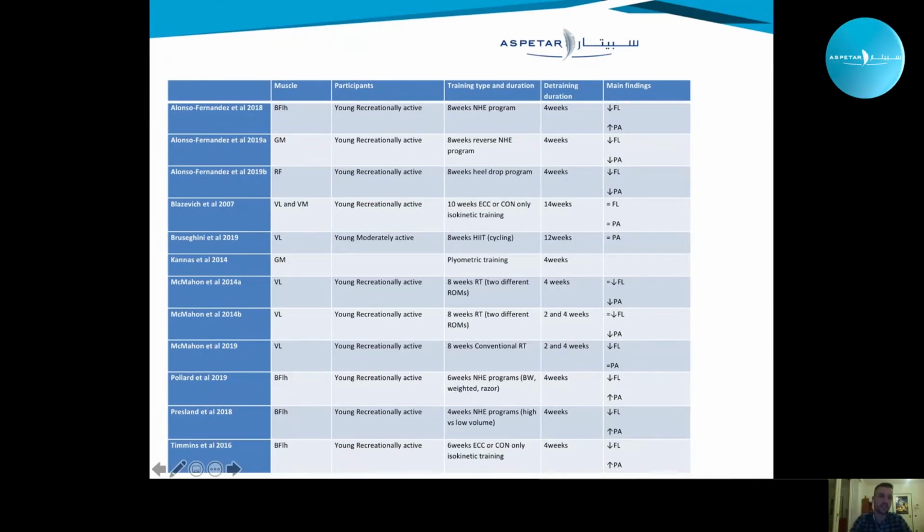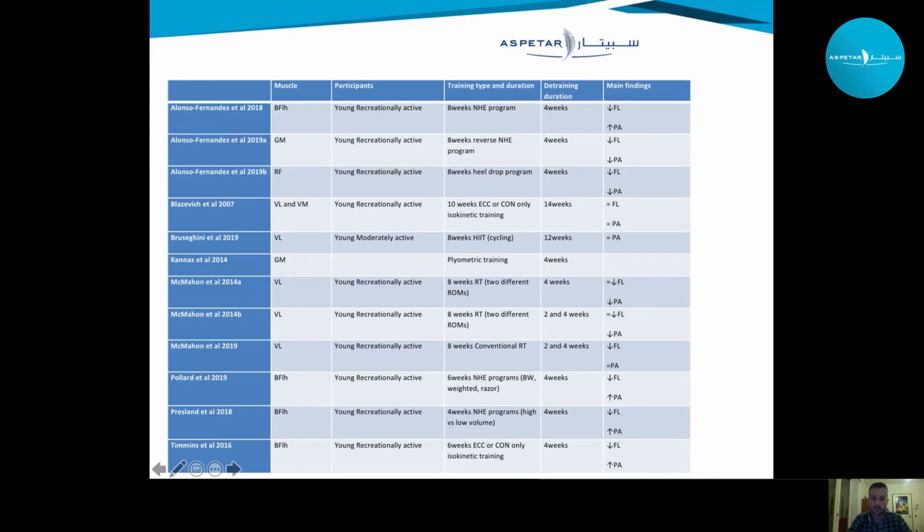This is just to let you understand that a lot of the literature that has investigated detraining shows a lot of changes in fascicle length and pennation angle, mostly a decrease, in different muscles of different muscle groups. I just want to show you one thing which is, in my opinion, very peculiar, and it's something that I'm working on at the moment.